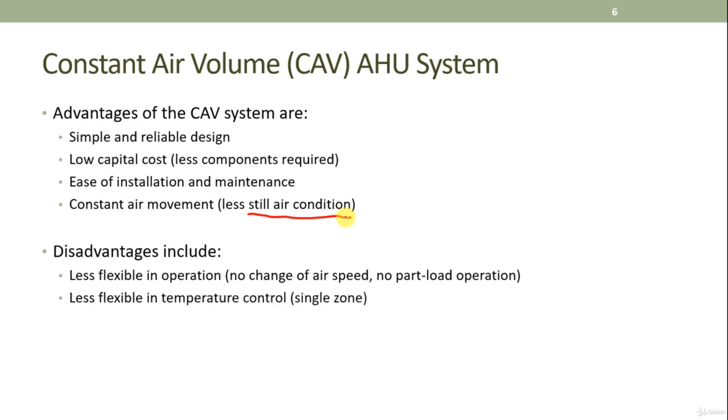And it can only supply a single zone. You cannot have multiple zones where you want one zone to have a higher temperature and the other zone a lower temperature. It's impossible to do so for a CAV AHU. And of course, because you are not able to ramp down the fan speed, there are fewer energy saving opportunities.